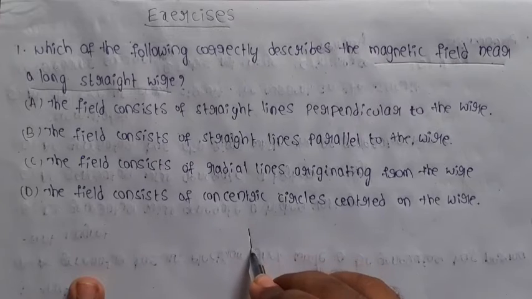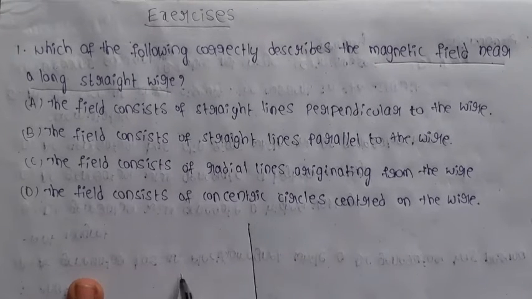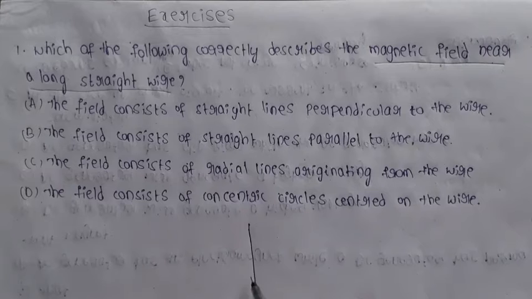Suppose I am taking a straight wire, and I am placing a magnetic field near the straight wire. How is the magnetic field produced in the straight wire?